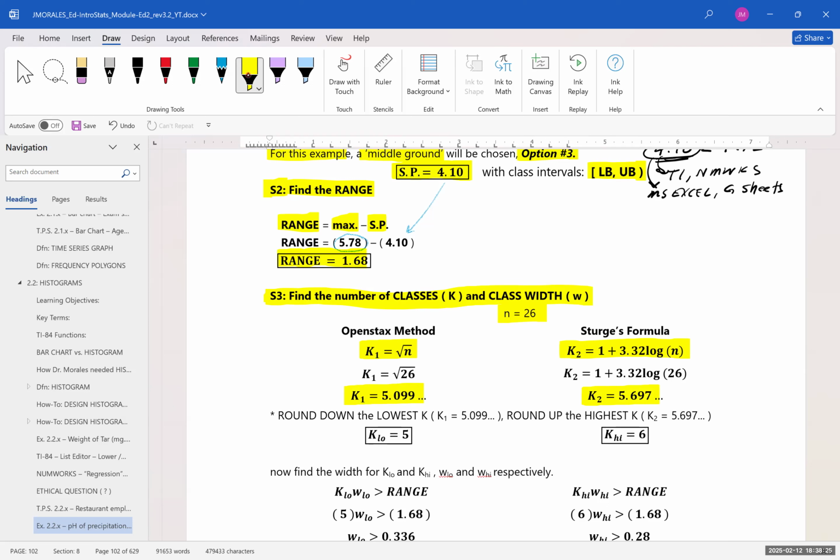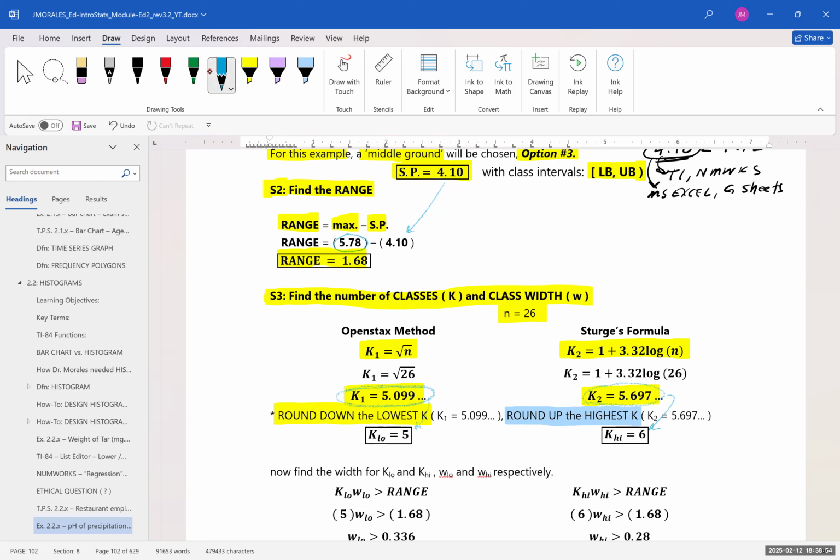But remember, the rule is you want to round down the lowest k. Well, between these two, which is the lowest one? It happens to be this one. So we're going to round it down to 5. And then we take the other one, which is the highest, and we round it up. So 5.697 will just get rounded up to 6.